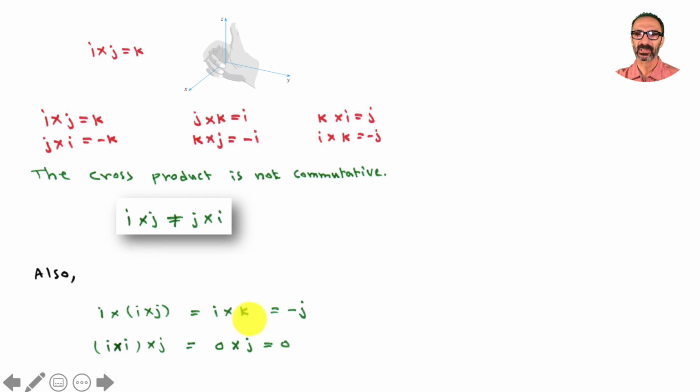So i cross k, you have to think about how it looks in the graph and move your hand. You're going to go through the negative y-axis. That's called minus j. Of course, we know this. That was listed a few minutes ago. A cross A is 0. In this case, i cross i acts like A cross A. So 0 cross j will be 0.